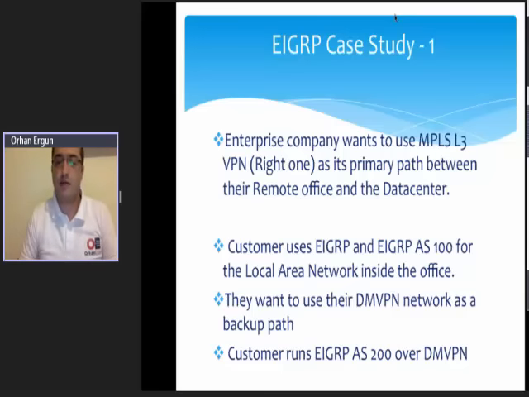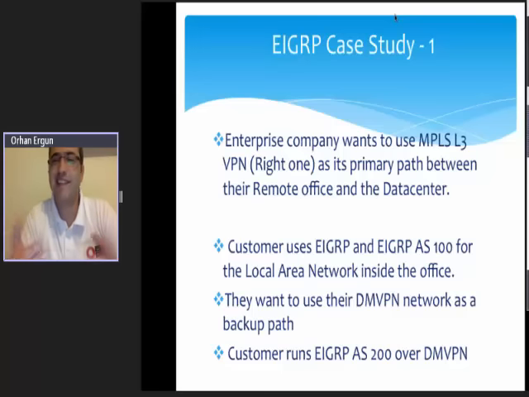MPLS L3 VPN from the service provider, you will get that service and it will be your underlay, and on top of that you will create the MVPN overlay. For the many different business units, either you will do a separate VRF per DMVPN, or the more scalable one, of course, L3 VPN.